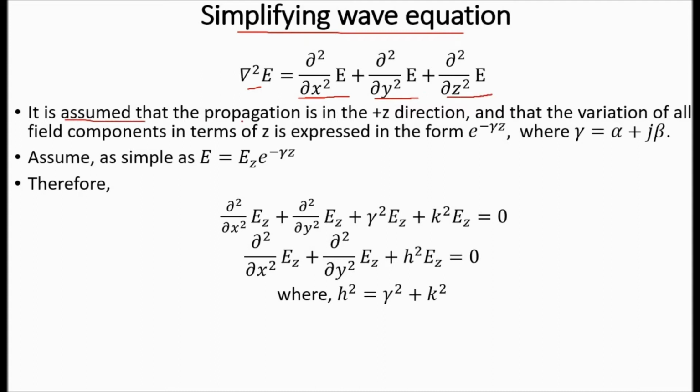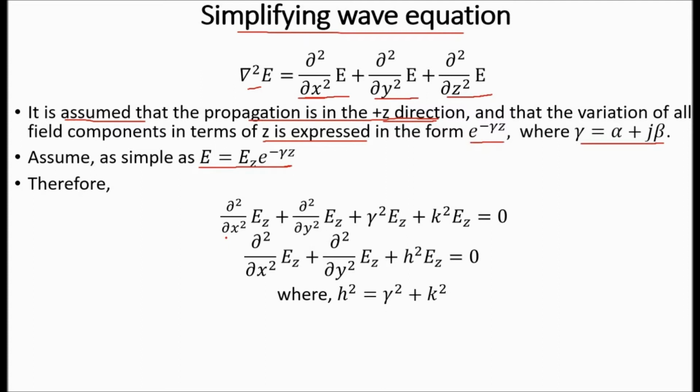It is assumed that the propagation is in the positive z direction, and that the variation of all field components in terms of z is expressed in the form e to the power negative gamma z, where gamma equal to alpha plus j beta. Assume, as simple as, E equal to Ez e to the power negative gamma z.